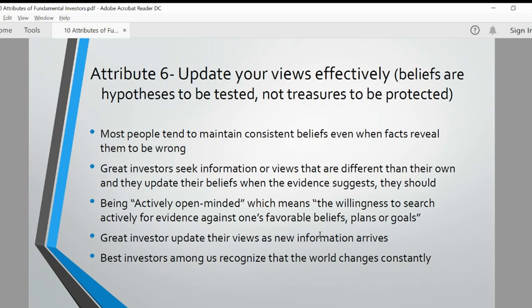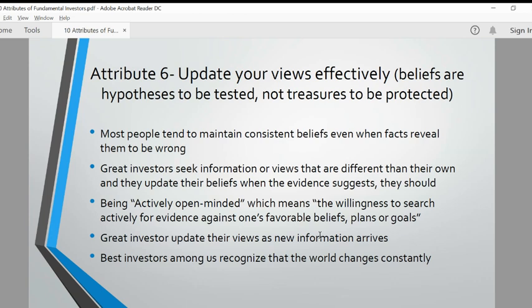Beliefs are hypotheses to be tested, not treasures to be protected. What this means is great investors are flexible in their views and thoughts. Most people tend to maintain consistent beliefs even when facts reveal them to be wrong. Great investors seek information or views that are different from their own, and they update beliefs when the evidence suggests they should.